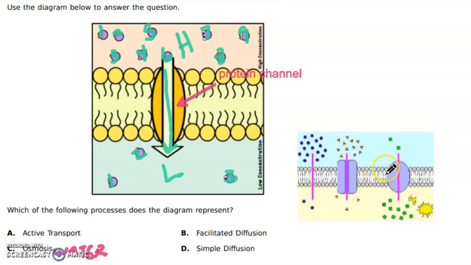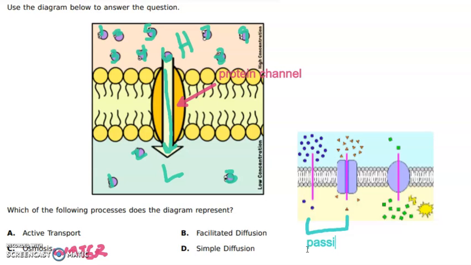All right, so let's talk about these 3 over here. This is just an added picture. Let me switch colors. Here we have passive transport.